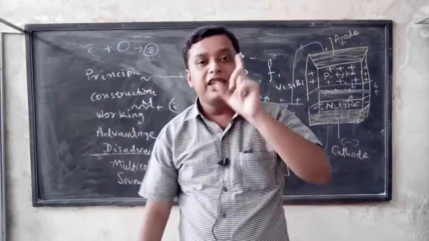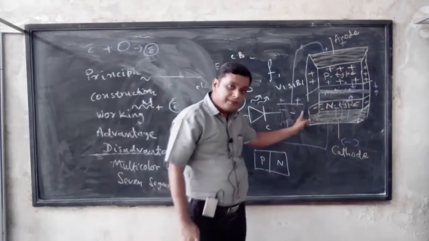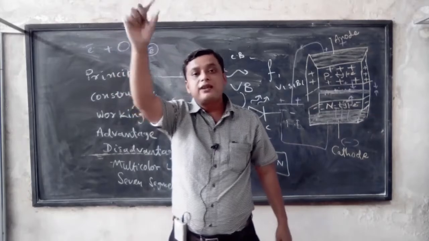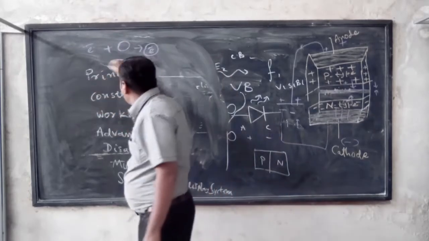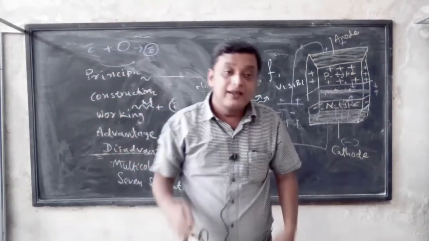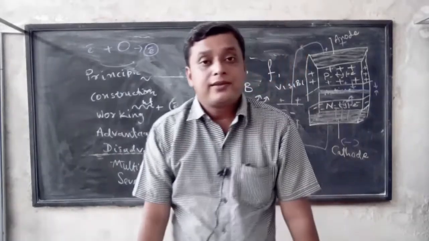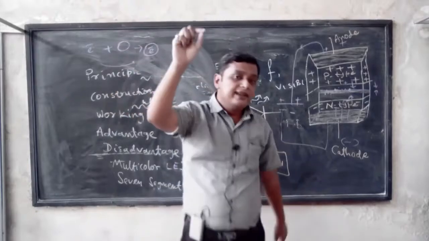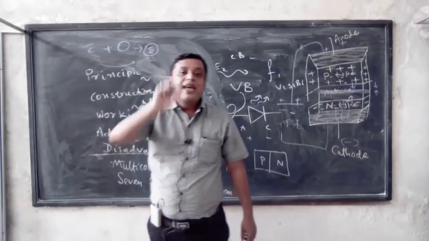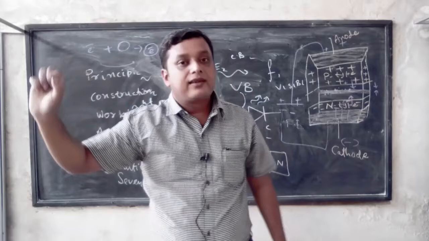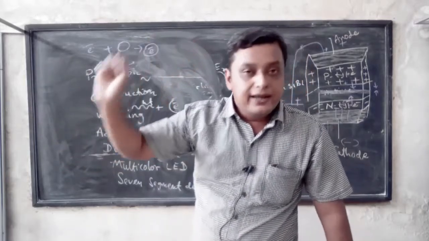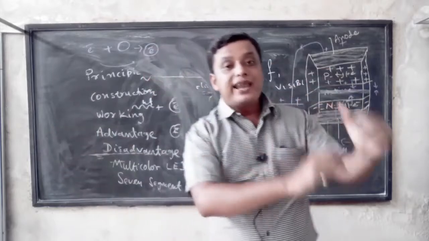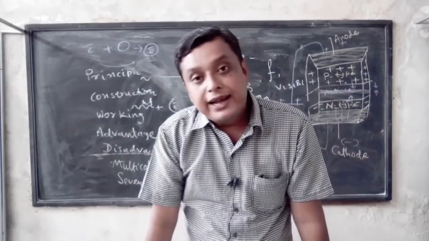Means once we apply the forward voltage to the light emitting diode, free electrons are converted to bound electrons. So what happens? According to Bohr's hypothesis, whenever electrons make a transition from a higher energy level to a lower energy level, there will be a release of energy, and this released energy should fall into the window of light.